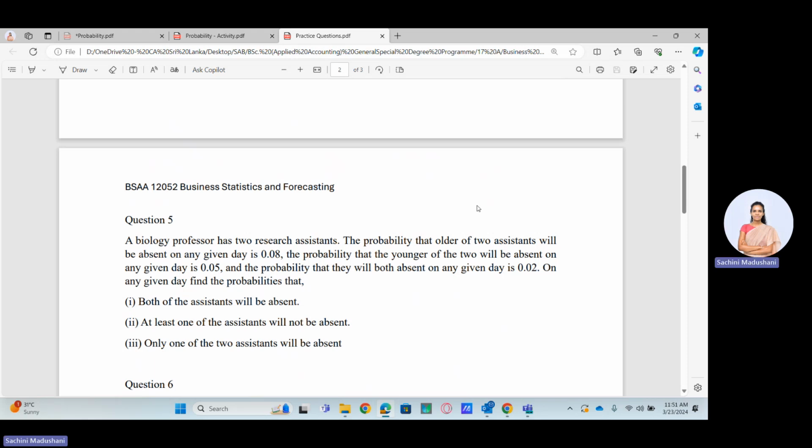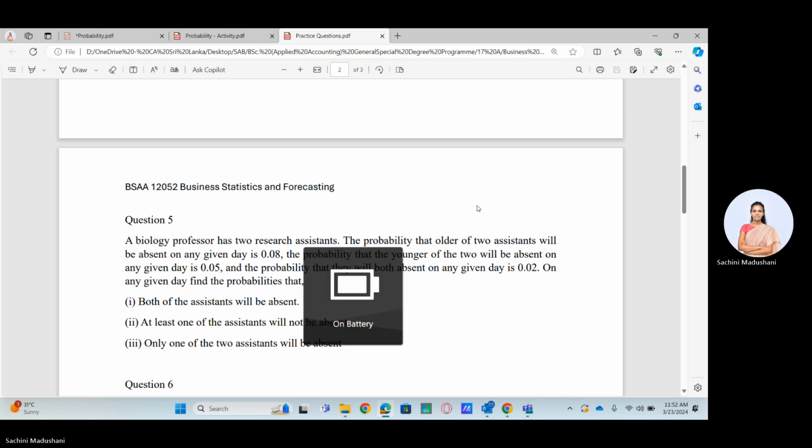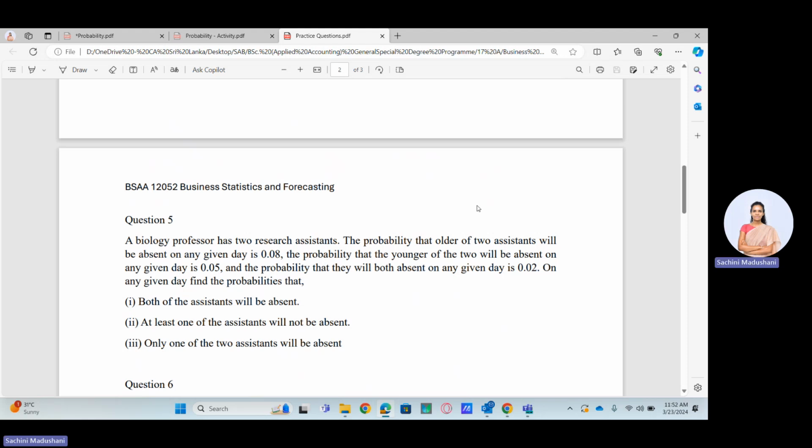Understood? Clear? What is the answer? 0.98.